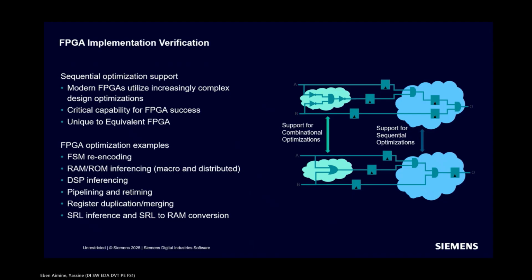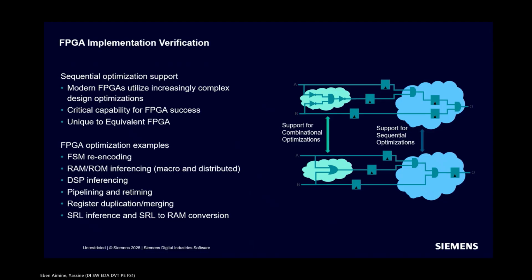So typically, using just LEC, it's very difficult to achieve equivalence checking. You really need to use what's called sequential equivalence checking. And that's the key in making Questa Equivalence FPGA work. It's actually clever in that it uses a combination of both. If you can get away with using LEC, you do it. If you can't, then you deploy sequential equivalence checking.